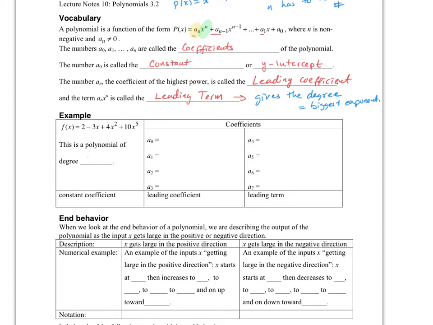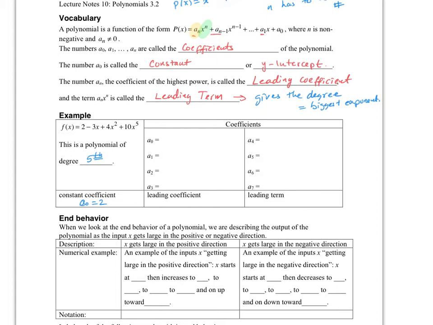So this polynomial is a 5th degree polynomial, and the constant coefficient, the one with no x, is the number 2. So therefore A0 here is 2. Sorry, I mean A0, not C0. A0 is 2.